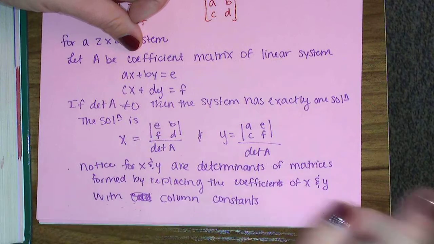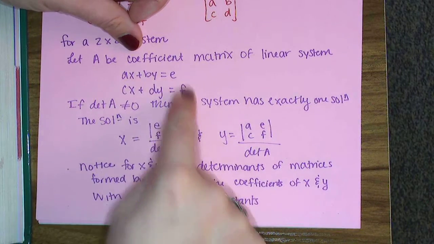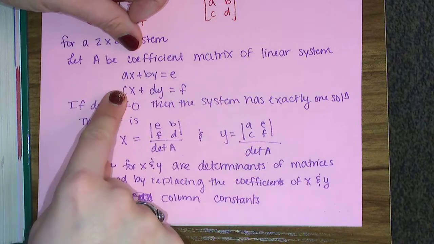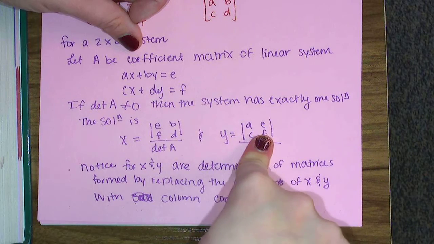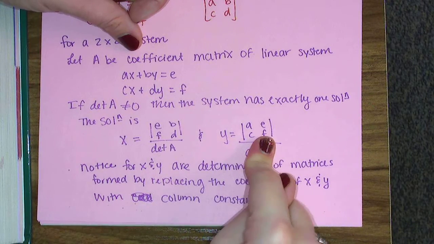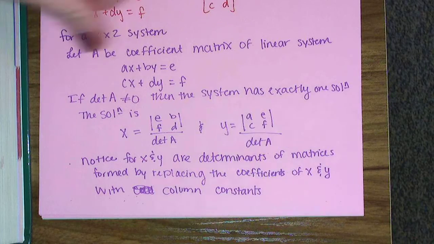Then, for y, I replace the y values b and d with e and f. So I copy down the x values, a and c, and then I replace y with e and f. Once we do problems and you actually see it with numbers, it'll make more sense than seeing it with letters. But this is just the general form that it follows.